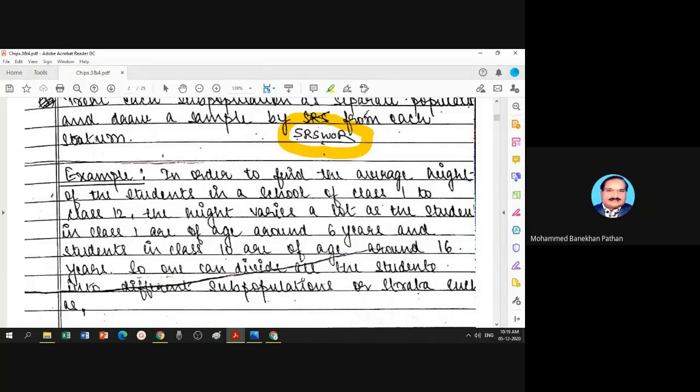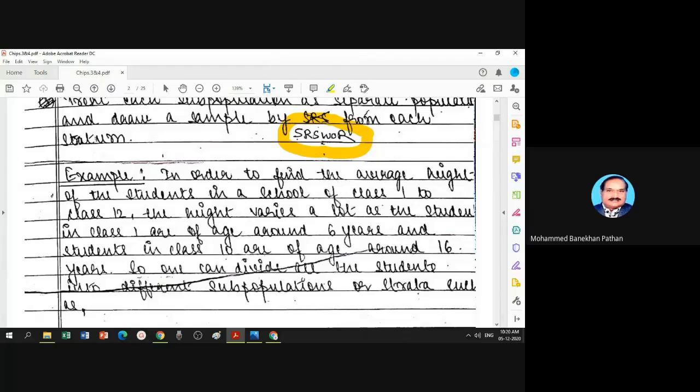So to apply stratified random sampling, the first step is to divide the heterogeneous population into different subgroups. Suppose I divide the total heterogeneous population into K groups. What is the method of division? Every subgroup, that is a stratum, should be homogeneous within.